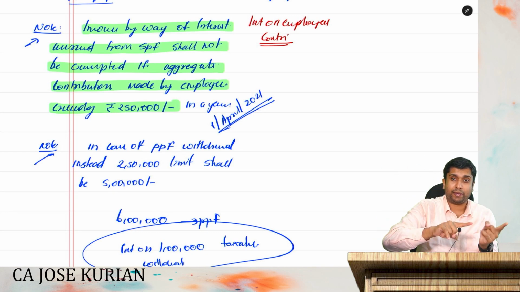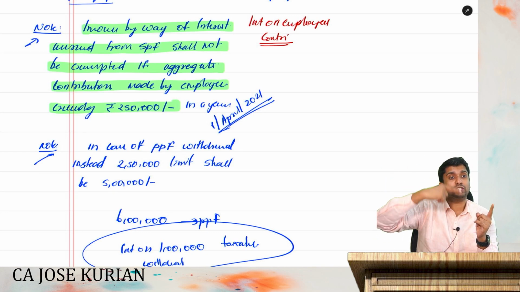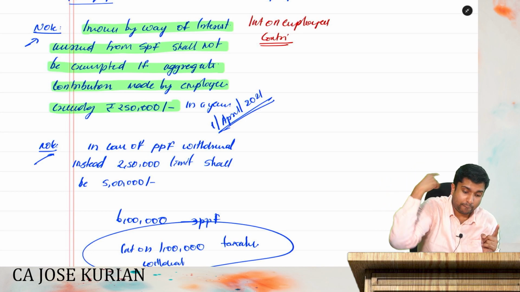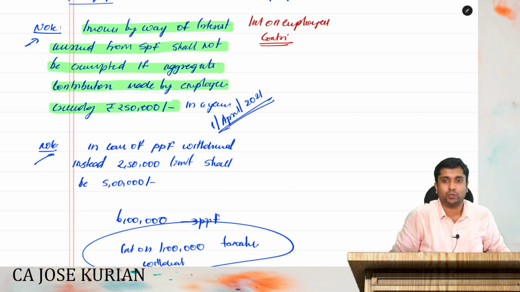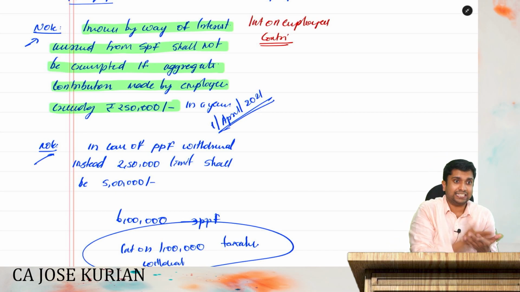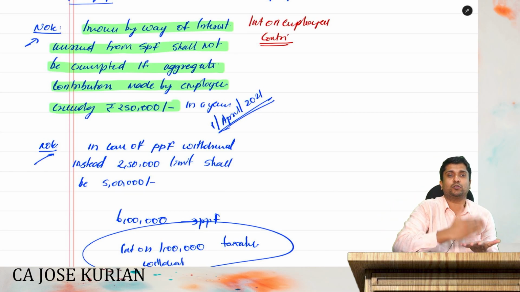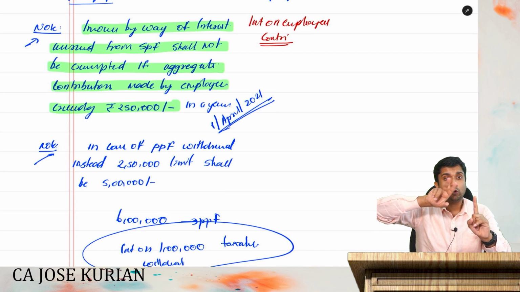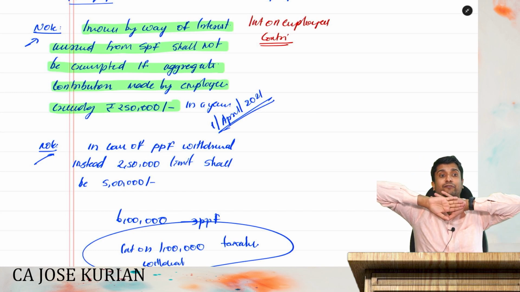In the case of PPF, interest accrued to a contribution which exceeds 5 lakh shall be taxable only on the accruals which happened on or after 1st April 2021, because this provision is there in the income tax with effect from 1st April 2021 onwards only. That's why I said all the interest accrued before 31st March 2021 shall be fully exempted.